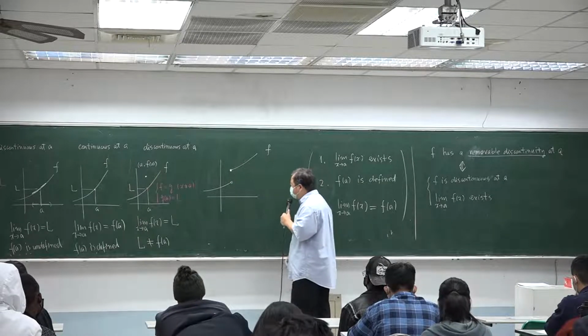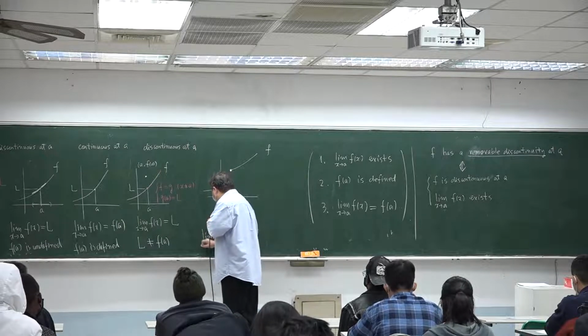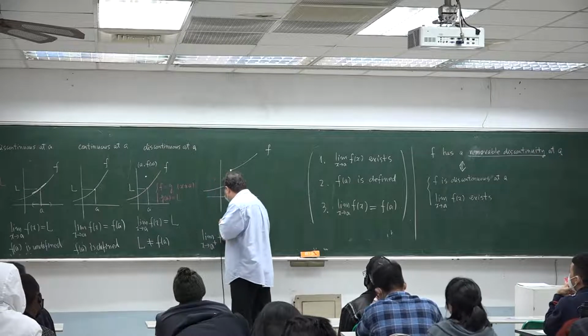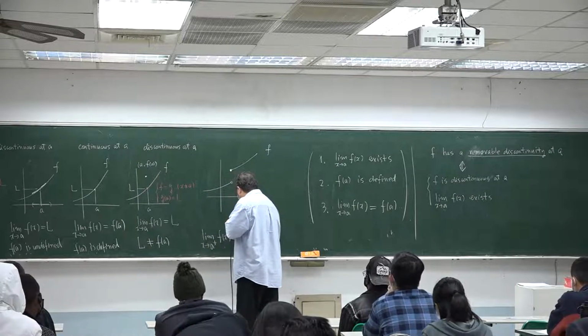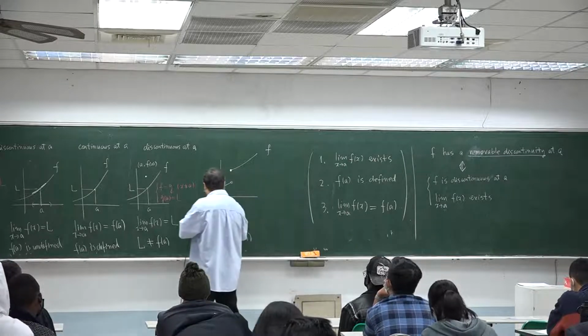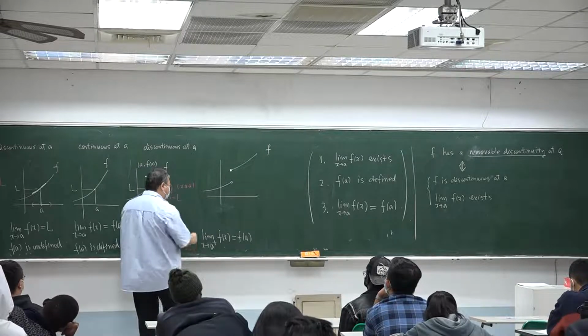In this case, the limit from the right equals f of A, then we say, again, we give this phenomenon a name.